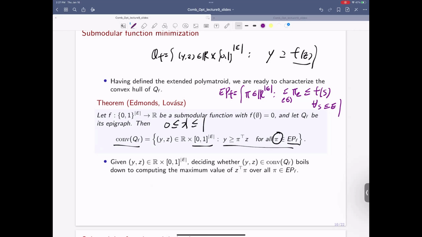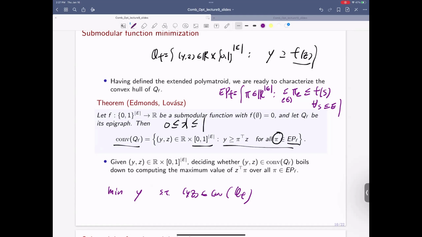What we really want is to solve this optimization problem of maximizing or minimizing y subject to (y, z) belongs to the convex hull of Q of F. So what I really want is not a description of this set, but a separation problem, an algorithm for separation over this convex hull.